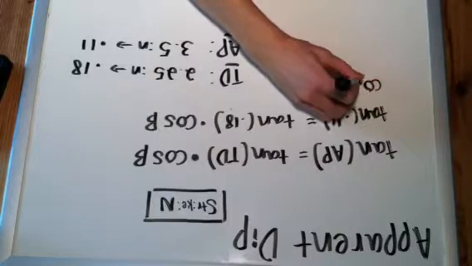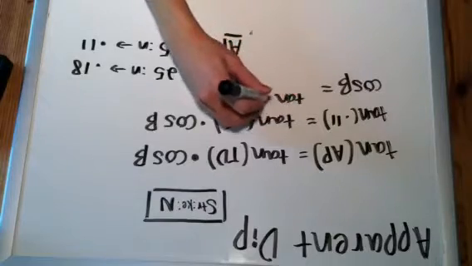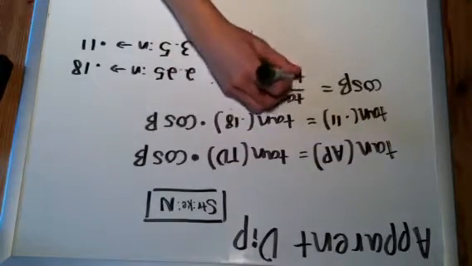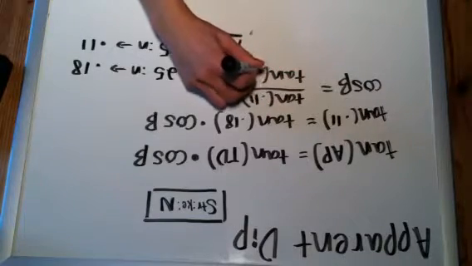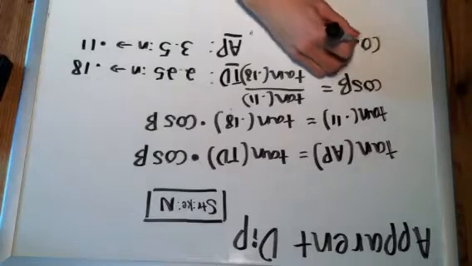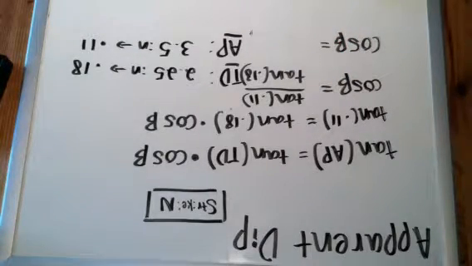The cosine of beta is equal to the tangent of 0.11 divided by the tangent of 0.18.